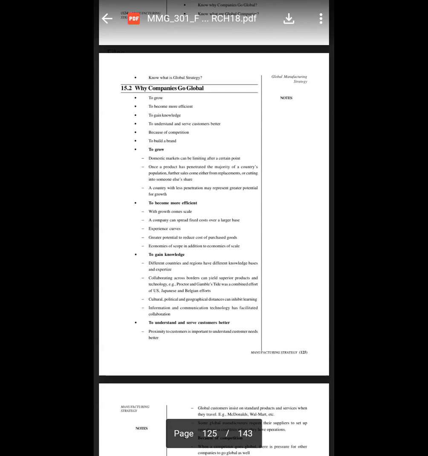To gain knowledge, yes, to get more innovative techniques or technical knowledge about the product, given the upgrading scenarios nowadays, day to day, whatever new things are happening, they come to know about that, due to which they gain knowledge. Then, to understand and serve customers better.